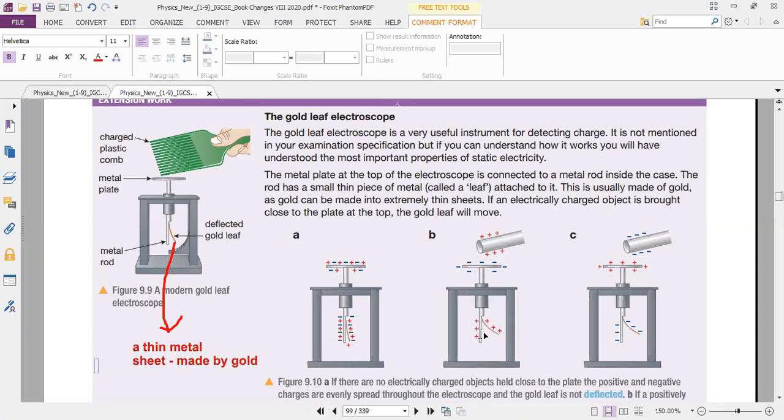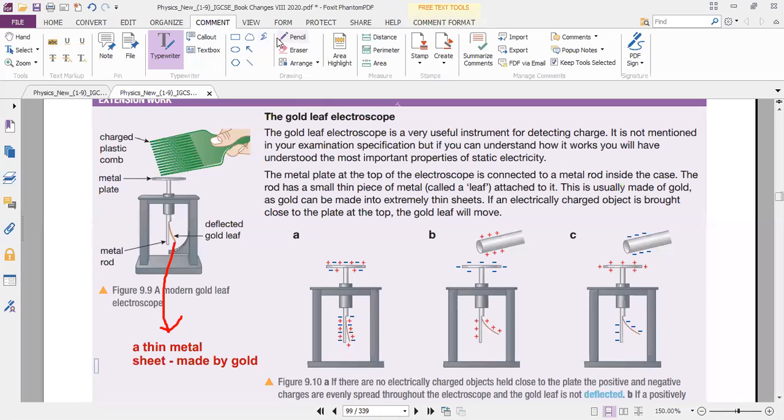And look at the deflection of the leaf. So the leaf is deflected, showing that opposite charges attract here and similar charges repel here. So it shows both experiments.